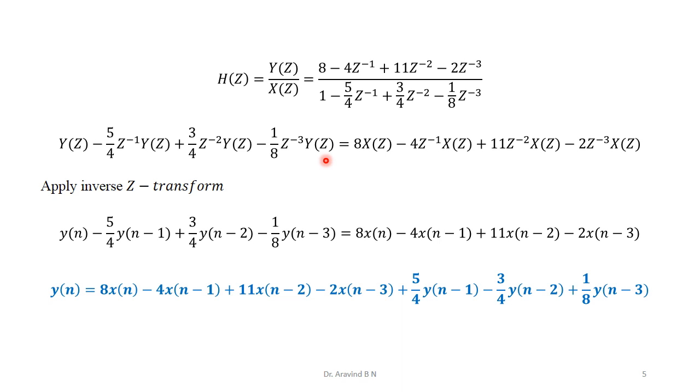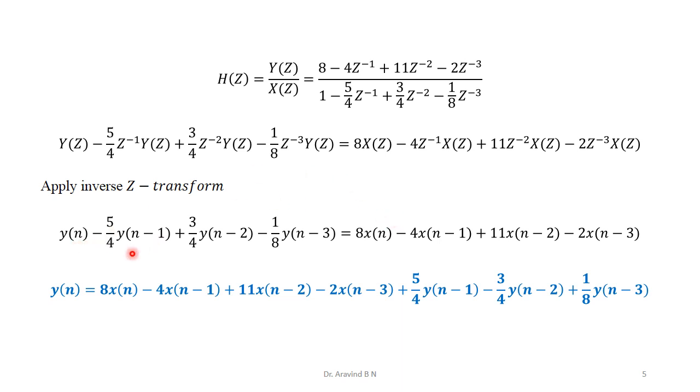We need y of n. Therefore, apply inverse z transform to this so that we can represent this in terms of y of n and x of n. So after applying the inverse z transform, we are going to get this realization. On the left hand side, we must have only y of n and all other terms must be on the right hand side.